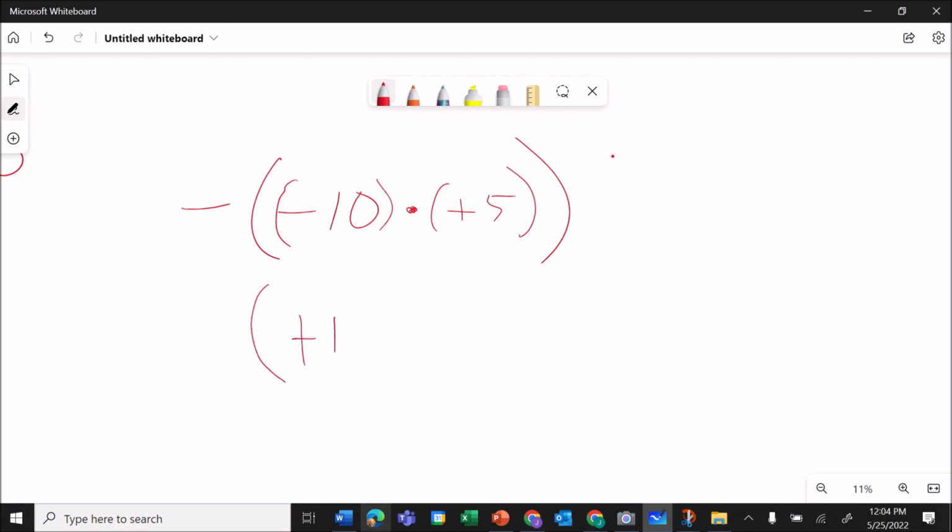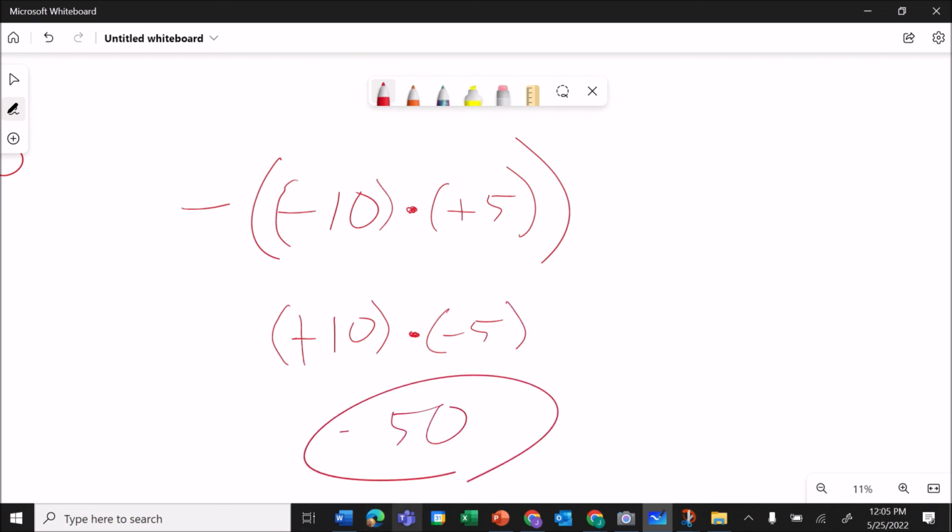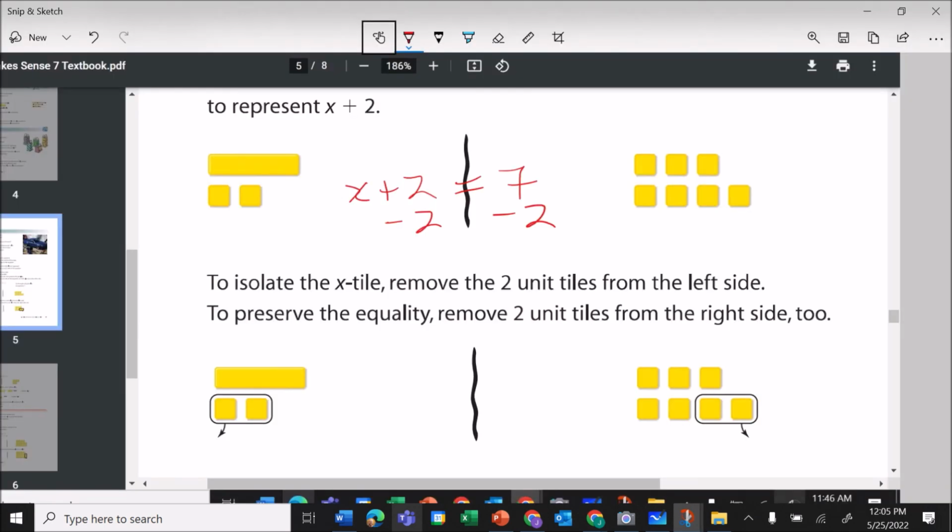So that became a positive 10, because negative times a negative is positive. So I guess I don't need the parentheses anymore. If the negative times a negative becomes a positive, what does a negative times a positive become? Negative. There you go. Who can finish this? Oh, not 50, 5. There you go. Who got it? Ooh, a couple of you. All right. That was the single most difficult example that I was going to give you.